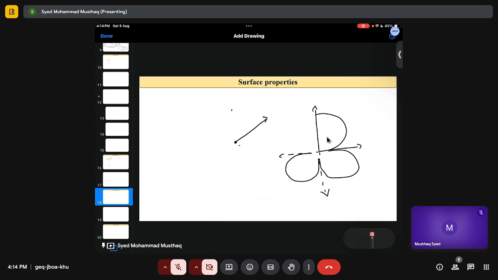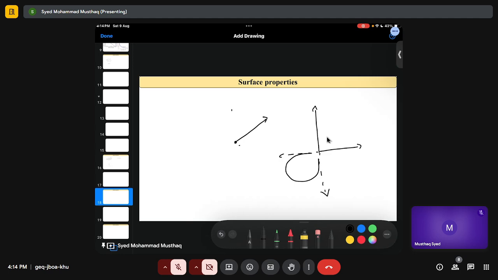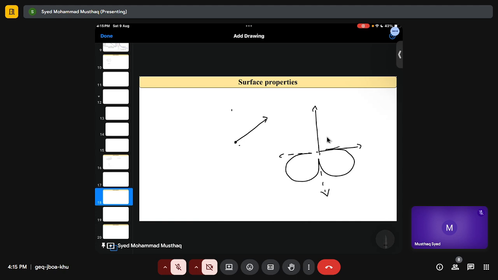It shouldn't look like this. It should reach the minimum value here. Okay, so my E versus theta will look like this.